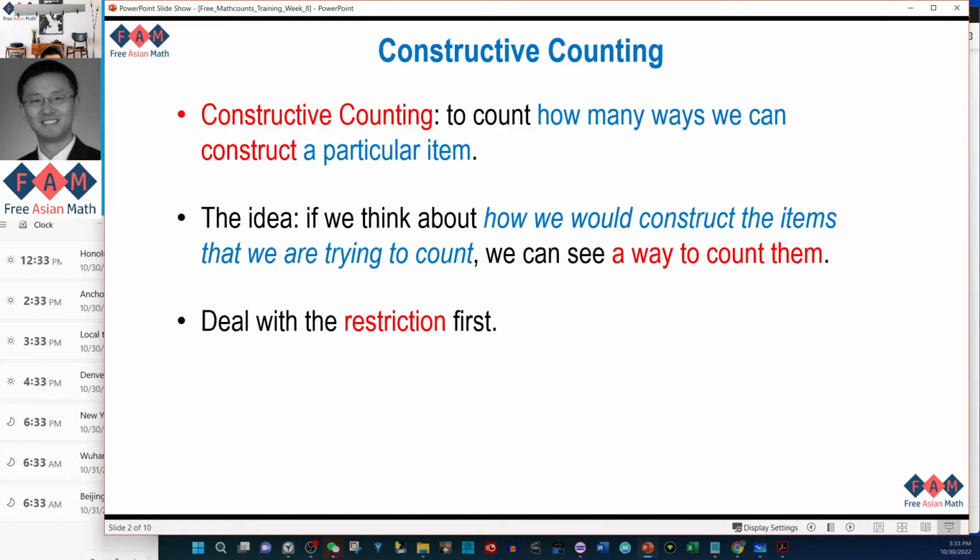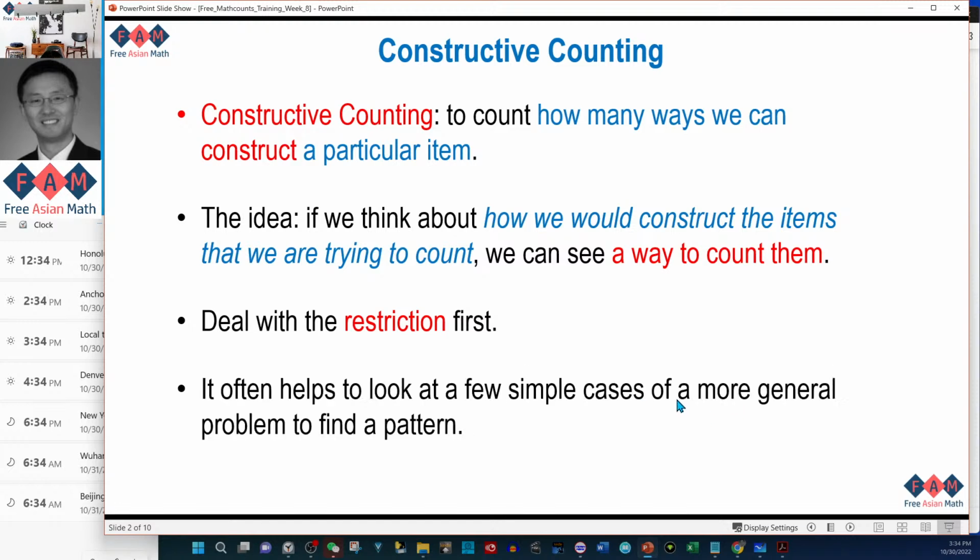Otherwise, counting would be really easy. Usually, those problems are very easy to do. So in constructive counting, because you're building things from the ground up, you want to look at those constraints first, meaning that when you construct things, you deal with the restrictions first. Okay?